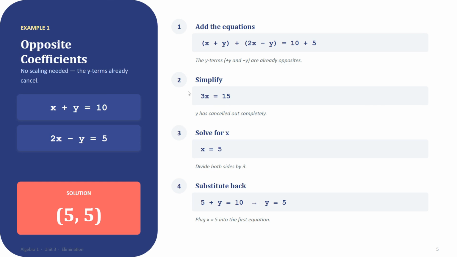Example 1 is on opposite coefficients. In the system of equations x plus y equals 10 and 2x minus y equals 5, the first step is to add the equations together.